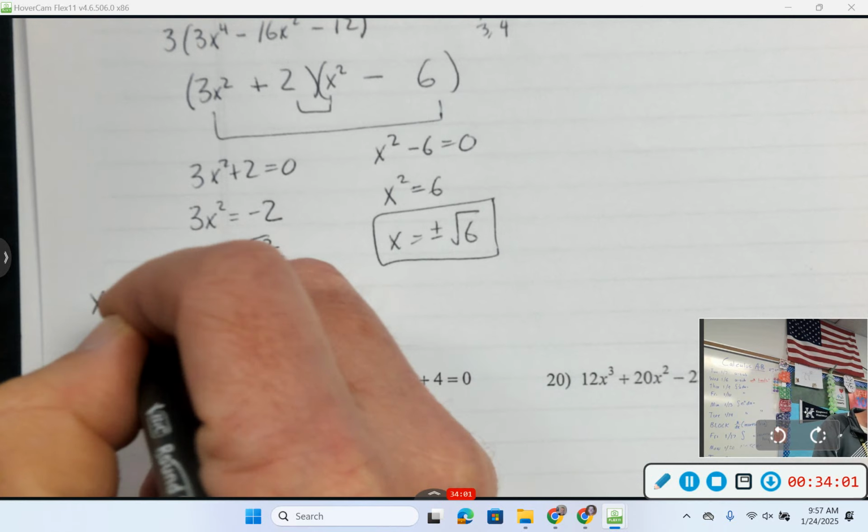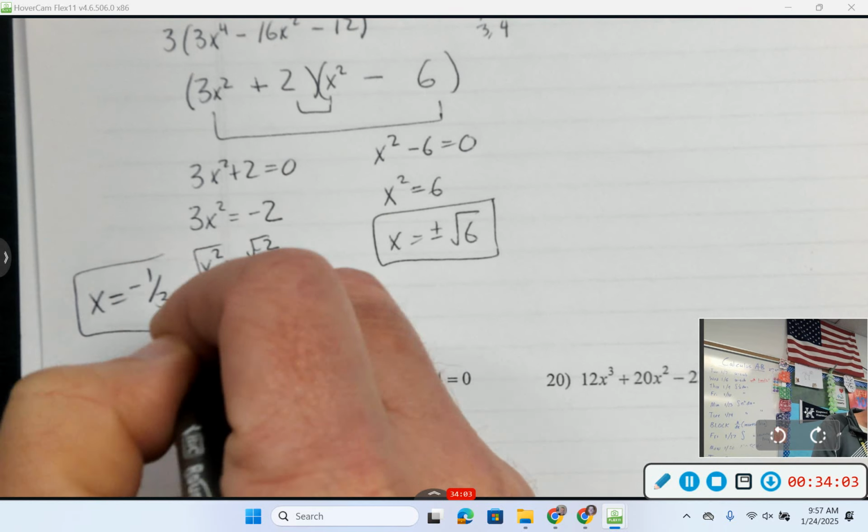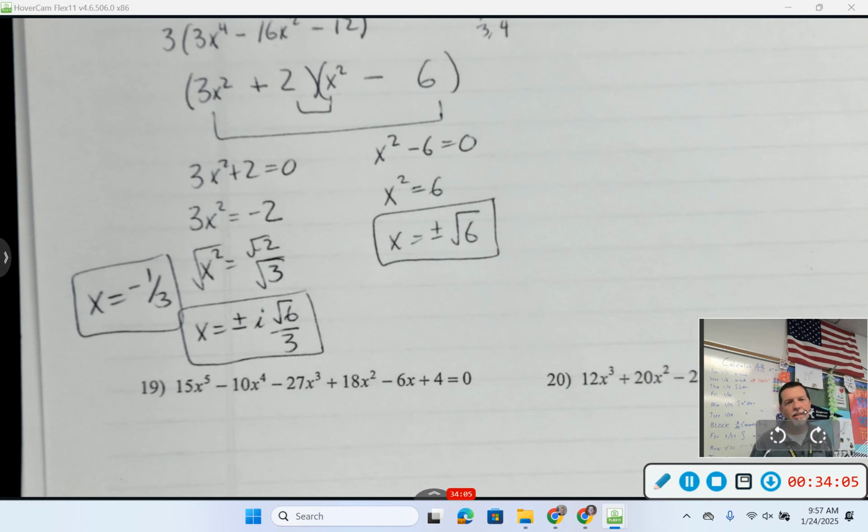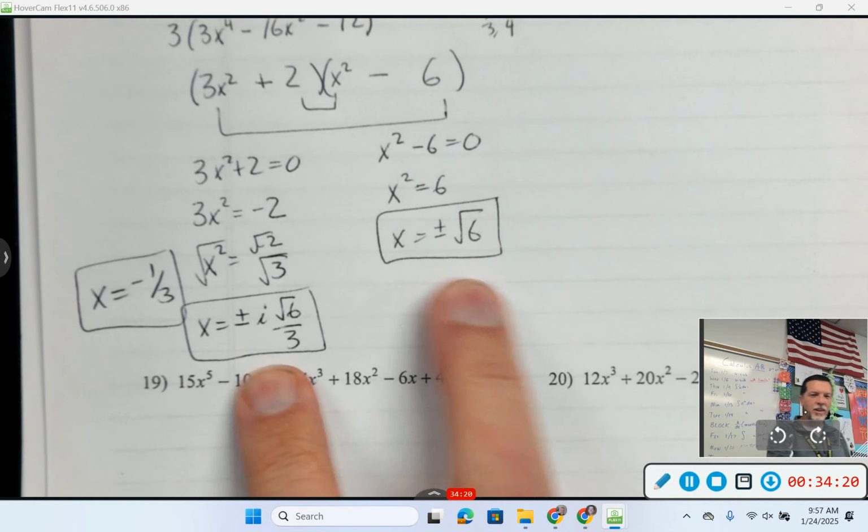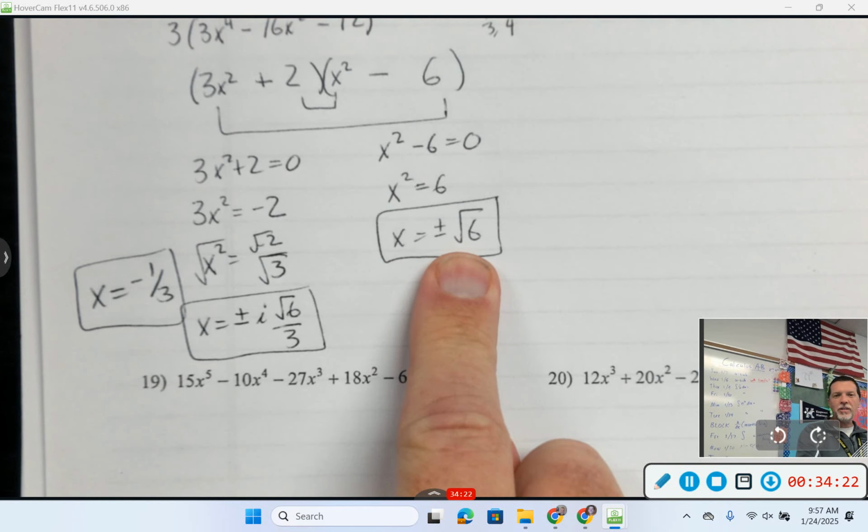And then it's written at the top, but just to put them all together, negative 1/3. That's an ugly one. But I knew there was supposed to be 5 answers. Did I get 5 answers? Yep. And we sort of confirmed what we talked about yesterday. Square roots come in pairs.